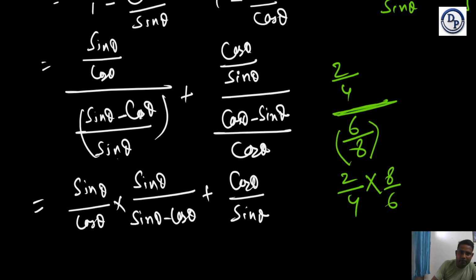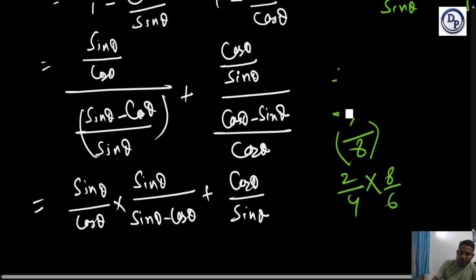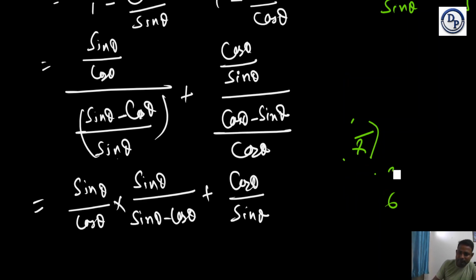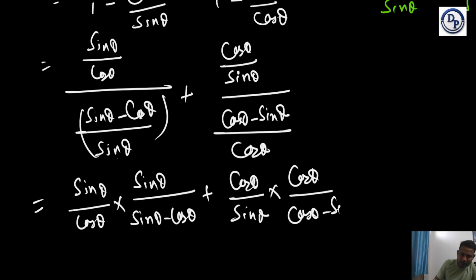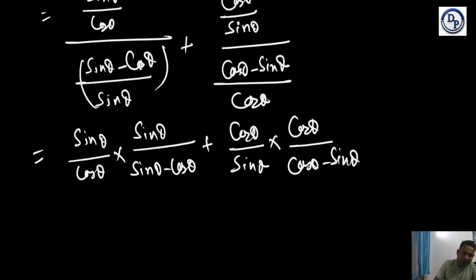Let me erase it to free the space to solve problems. So I hope you understood this concept. Now next step is what? I've written cos theta by sin theta, and again this cos theta comes up, and this cos theta minus sin theta will be here only. Now what do we do? We multiply now.